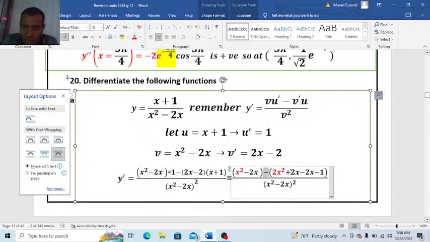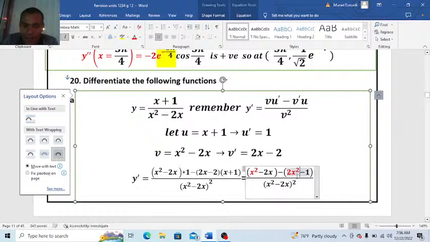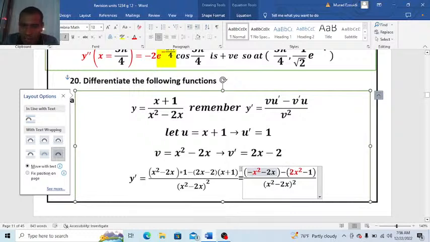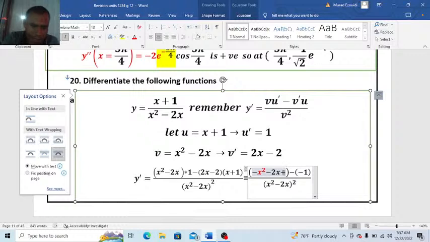Therefore also you can see that 2x minus 2x is 0. I can cancel this one. Therefore we have x squared minus 2x squared, which is minus x squared. Then minus 2x I will write as it is, and minus positive 1, I will write here plus 1.